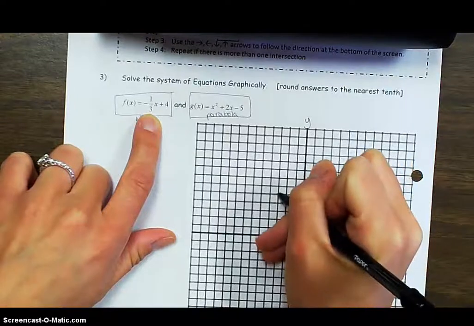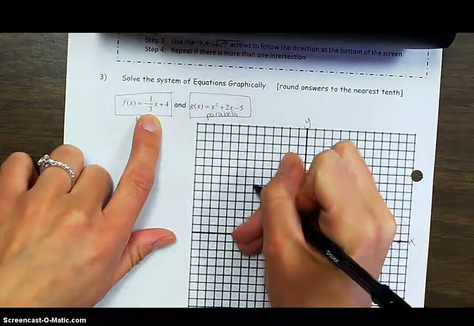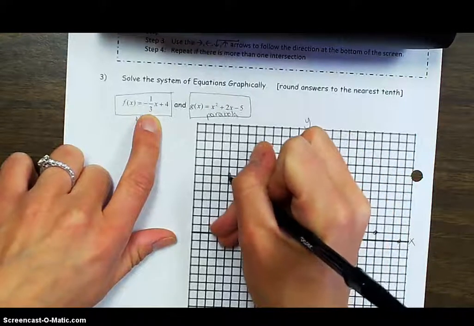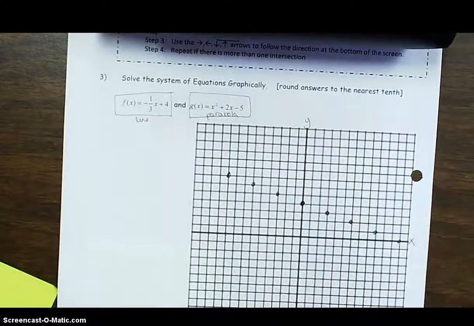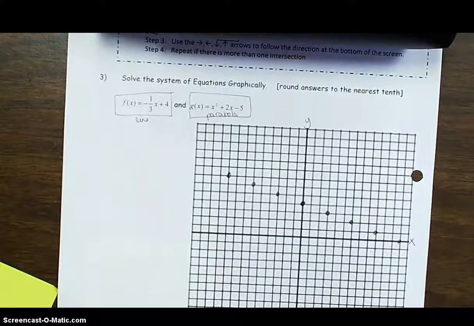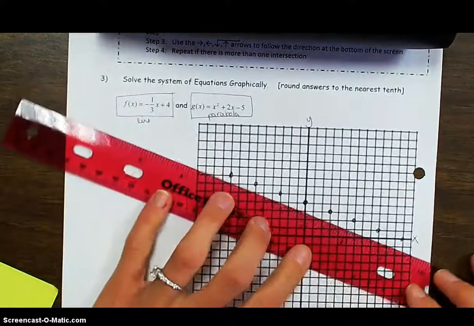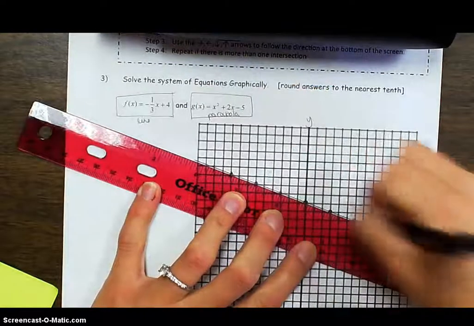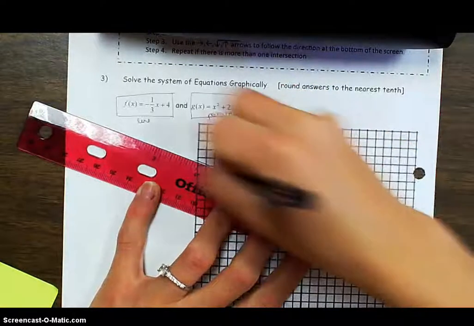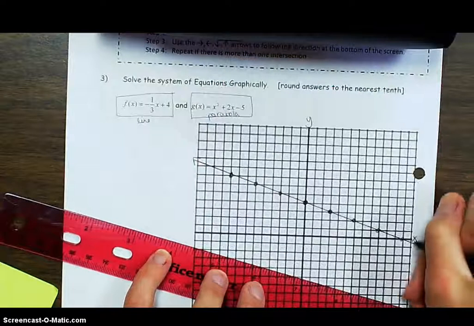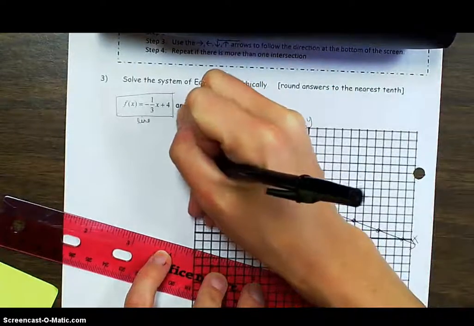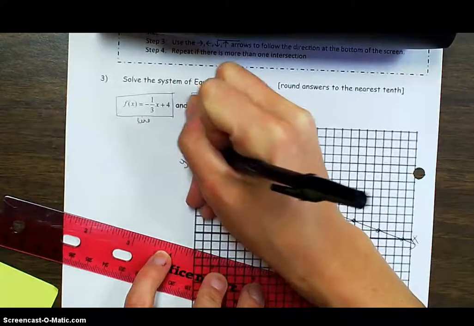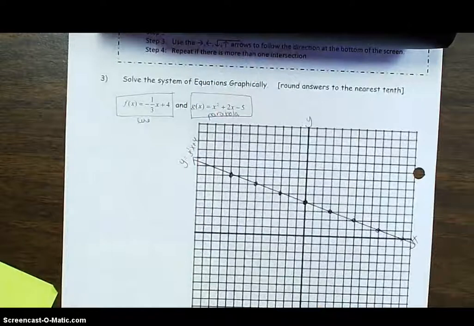All right, and I'm going to go both directions here. Okay, and then I'm going to take out my ruler and connect my points to make a line. And this is the line y equals negative 1/3 x plus 4.